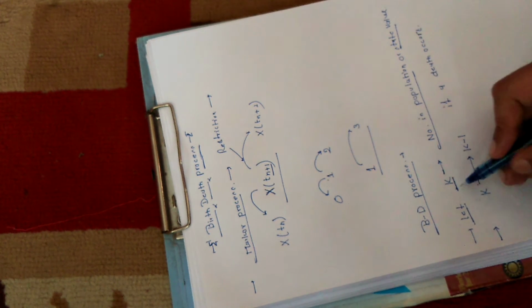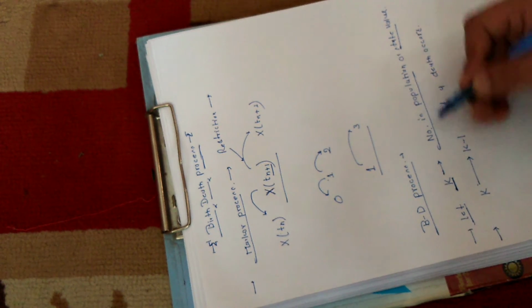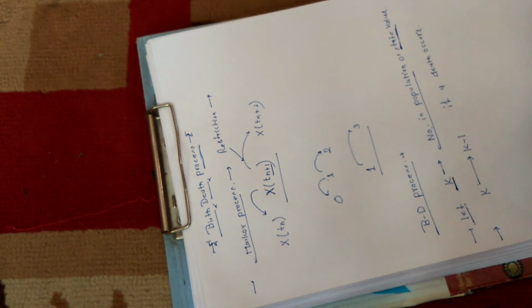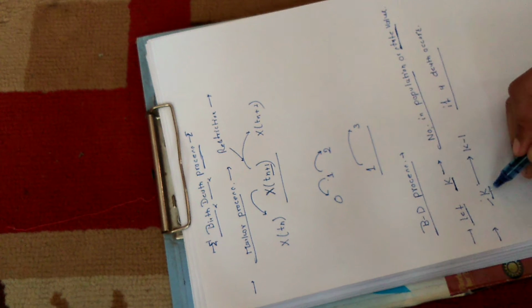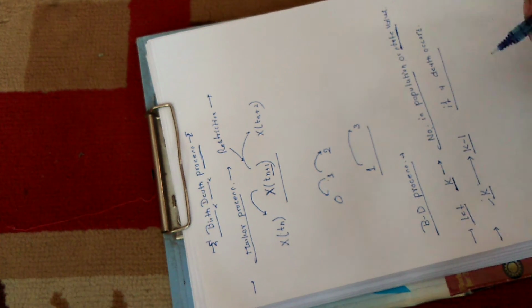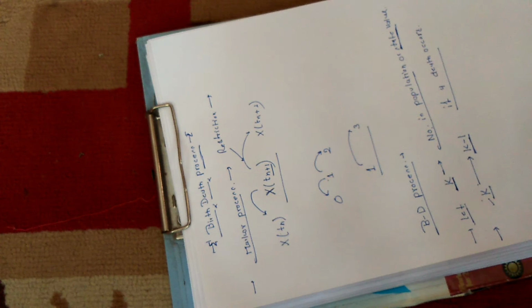For example, earlier we supposed k is the total number in the population, which is also known as the state value. If in any particular locality the total population is k, then if a death occurs, it means k goes to k minus 1. So now the current state is k minus 1.